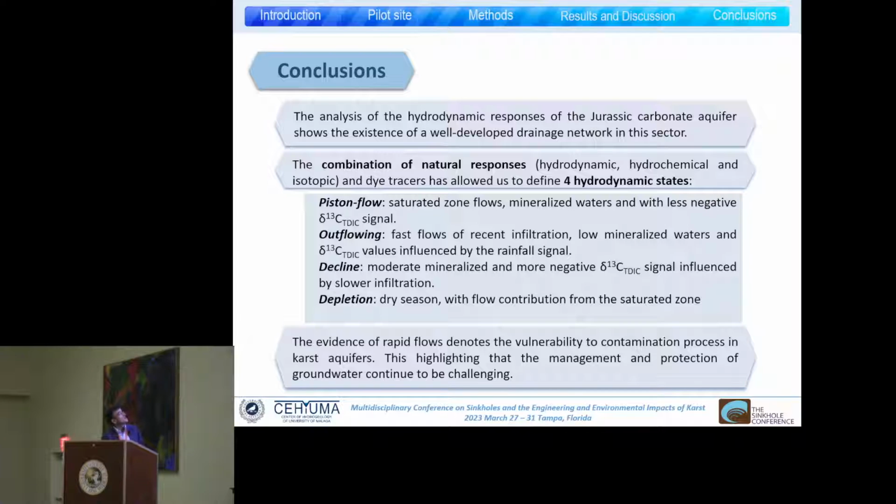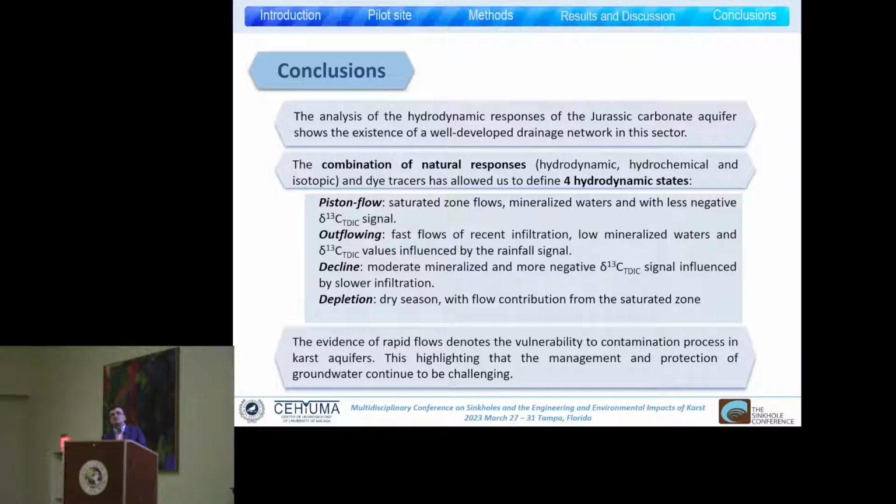So the analysis of the hydrodynamic response in this karst aquifer permits us to deduce different hydrodynamic conditions for the same spring. The chemical and isotopic data are congruent and permit us to better identify these hydrodynamic periods. So the combination of hydrodynamic and hydrochemical information permits us to infer how the karst aquifer functions.